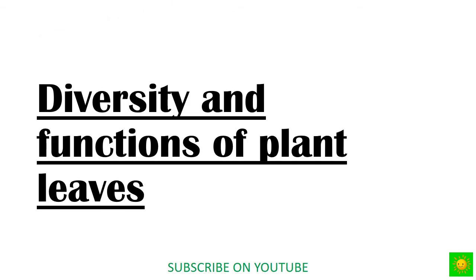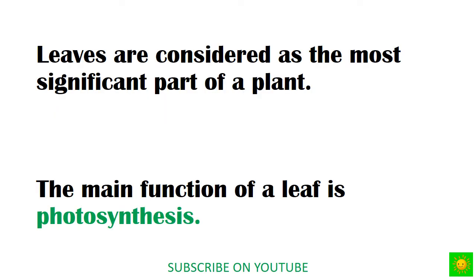Our main subtopic is diversity and functions of plant leaves. Leaves are considered the most significant part of the plant. Most of the leaves are green in color. There are many different colors also. The main function of a leaf is photosynthesis.